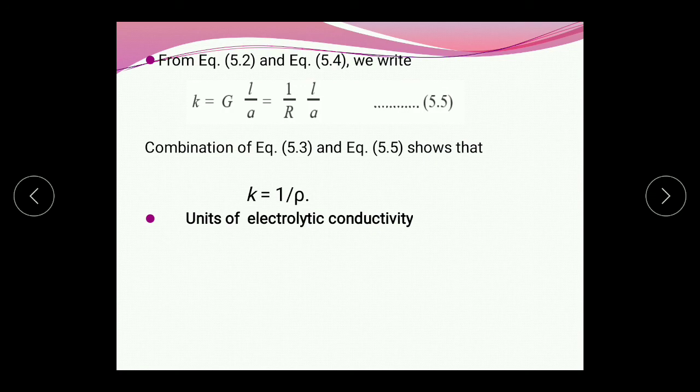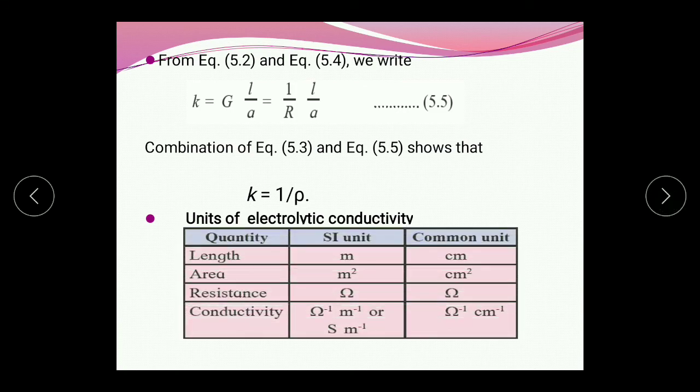Now units for electrolytic conductivity we'll see. So electrolytic conductivity, SI unit also we see, and common unit. For length, SI unit is meter, but the common unit is centimeter. Area in the same way, square meter. Common unit will be square centimeter. Resistance, SI and common unit is same, that is ohm.